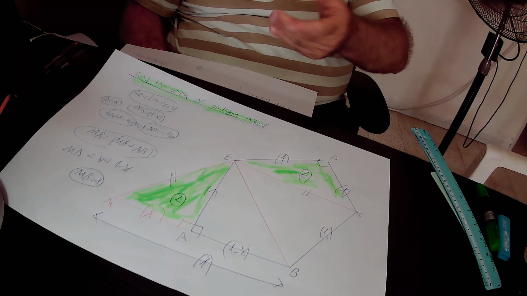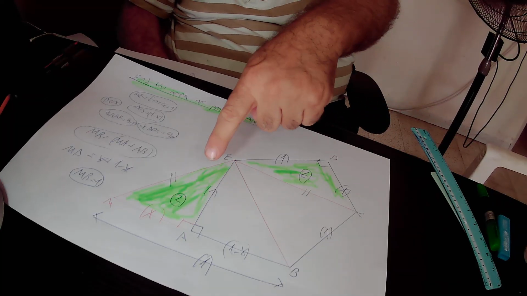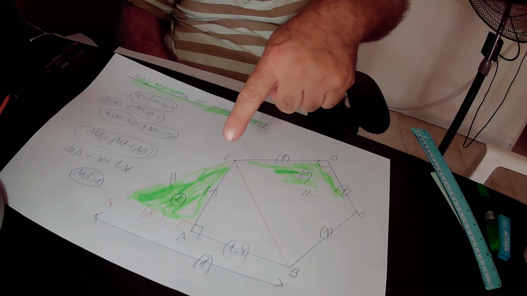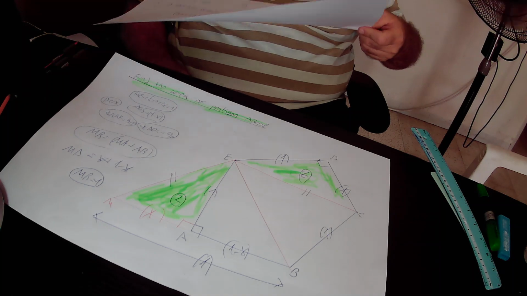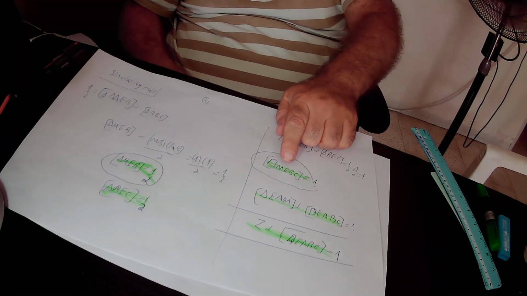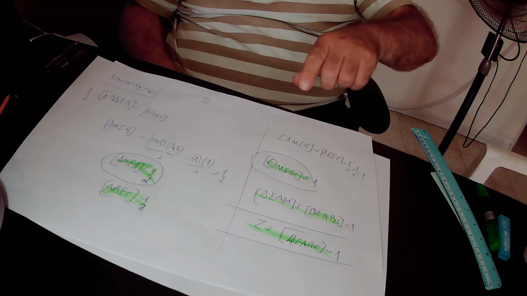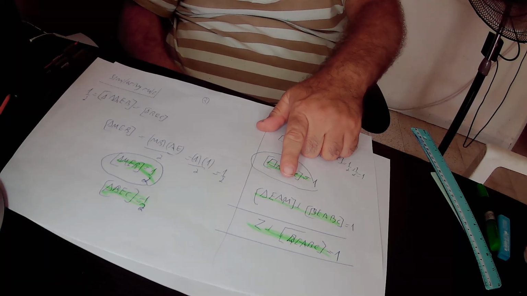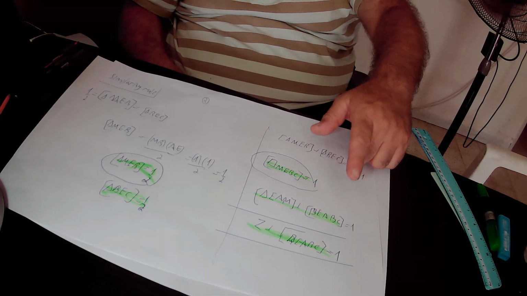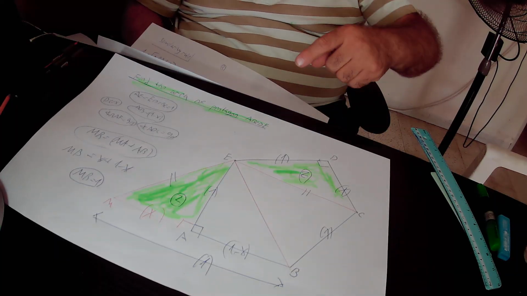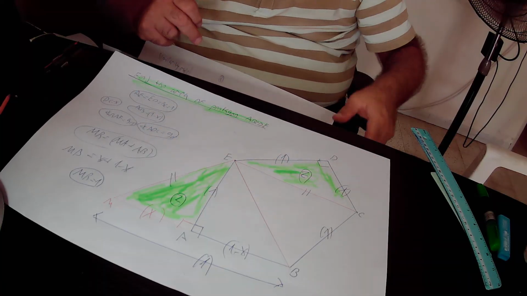So the area of quadrilateral MEBC, this is 1, must be equal to the area of the right triangle EMA plus the area of this quadrilateral ABCE. So the area of the right triangle EAM plus the area of quadrilateral EABC equals 1, because quadrilateral MEBC consists of those two shapes.